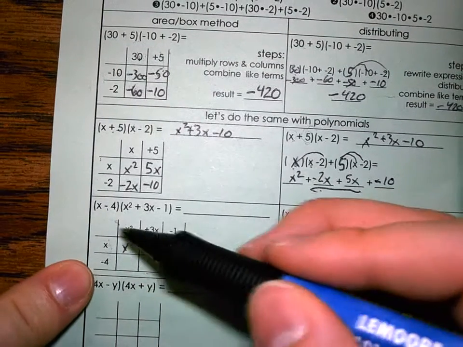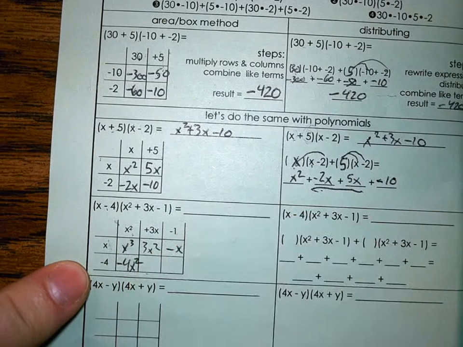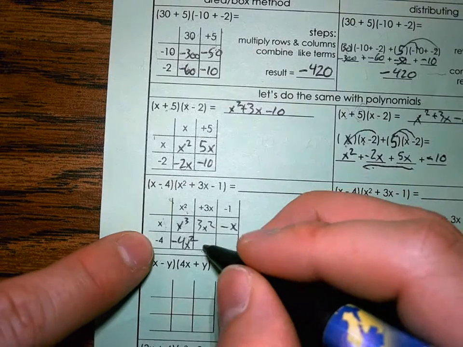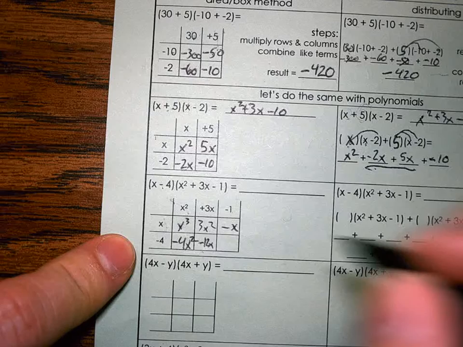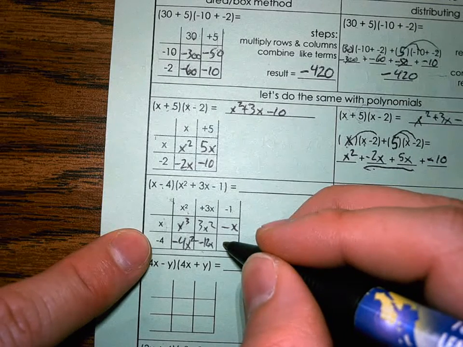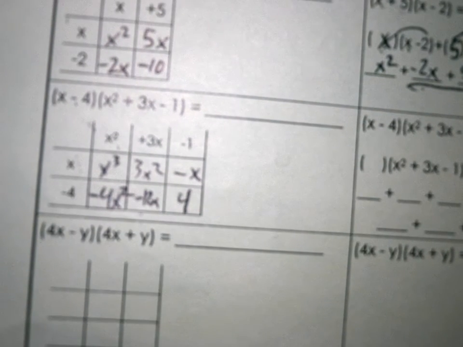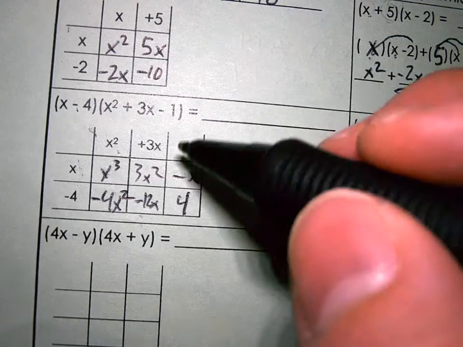Move down to the second one. X squared times negative 4, negative 4x squared. 3x times negative 4, negative 12x. Negative 1 times negative 4 is positive 4. Combine like terms.